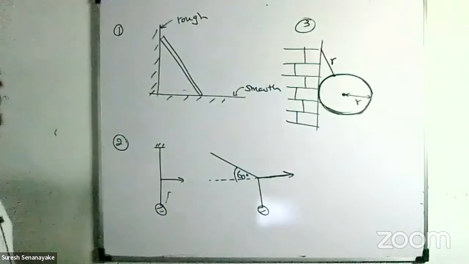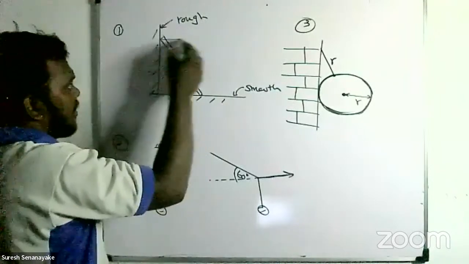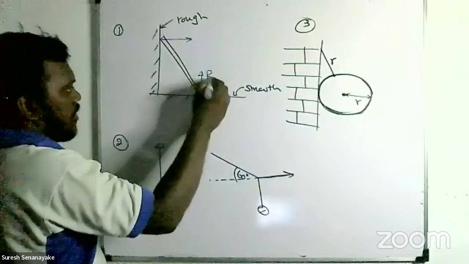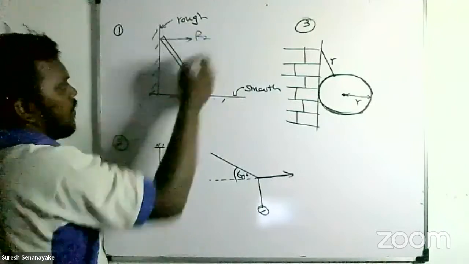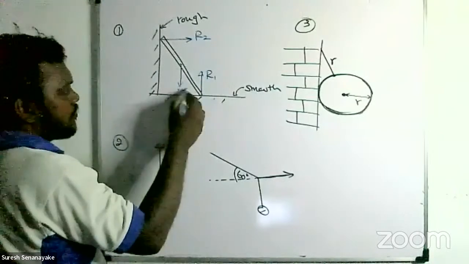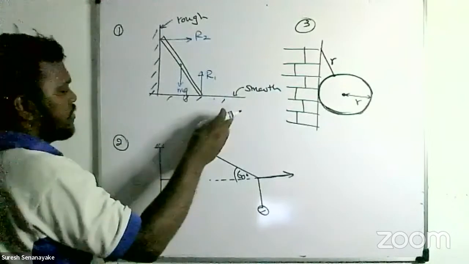First you need to mark all the forces acting on it. So the normal reactions are, let's say, R1 and R2, and the weight of the ladder is down. So it has a tendency to move in this direction.